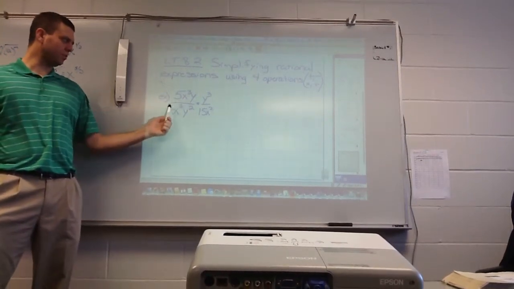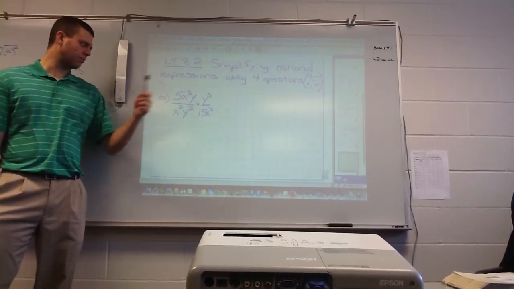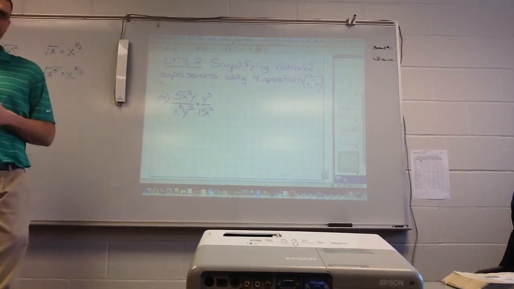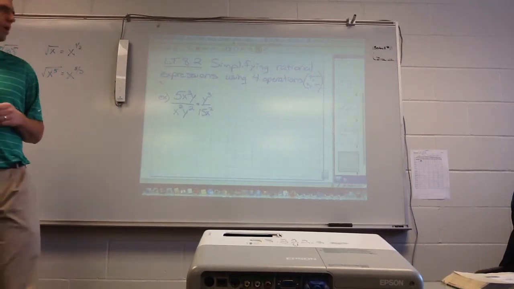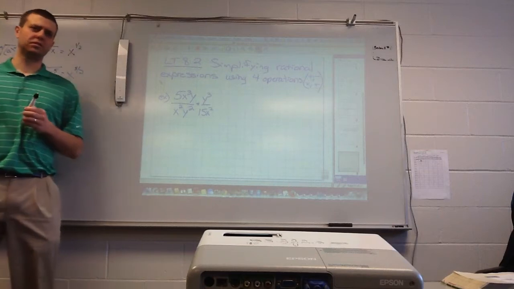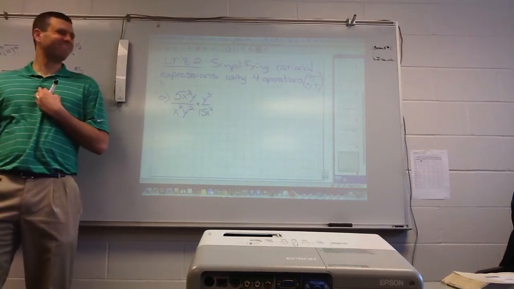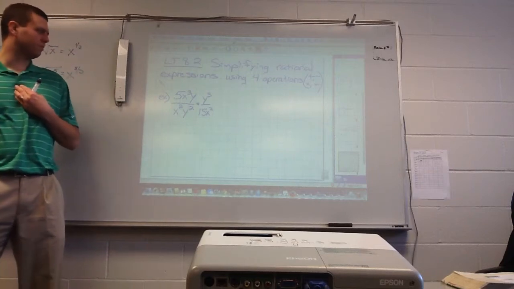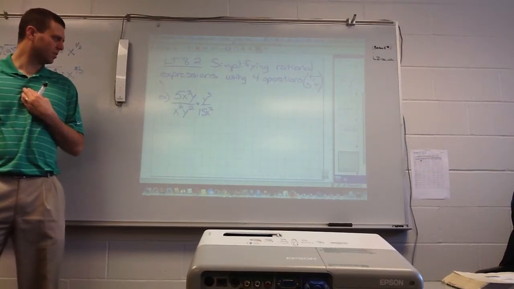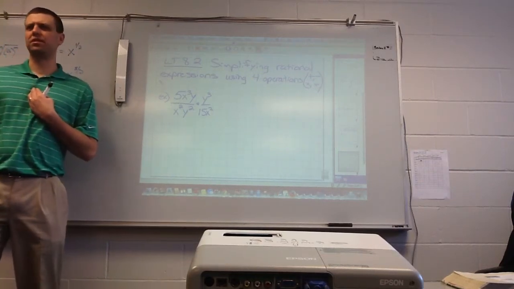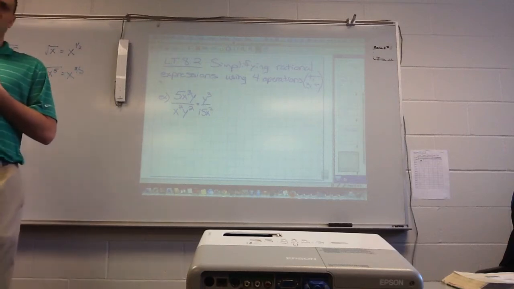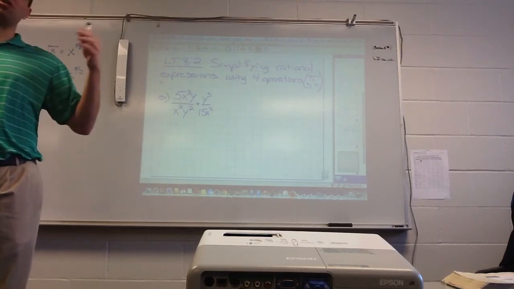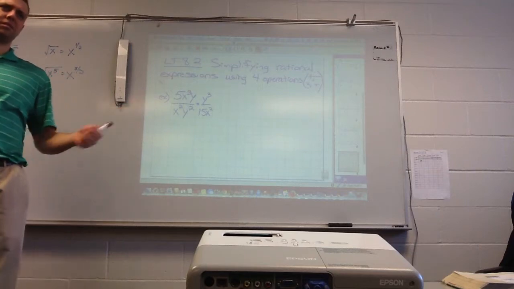I have 5x cubed y over x squared y squared times y to the third over 15x squared. You've done problems like this before. Multiple ways to do this. Me personally, I could do one of two things. I might cancel some things first, or I might just go ahead and multiply them together and then cancel.